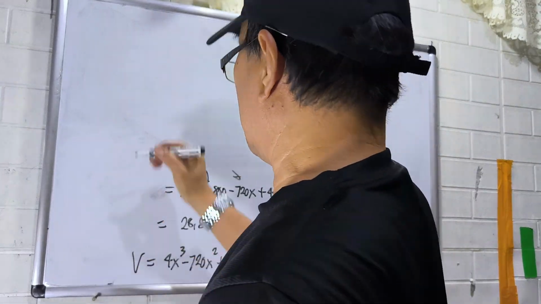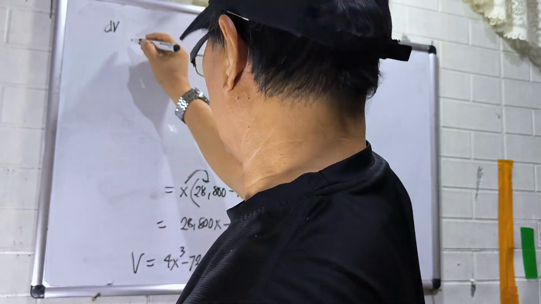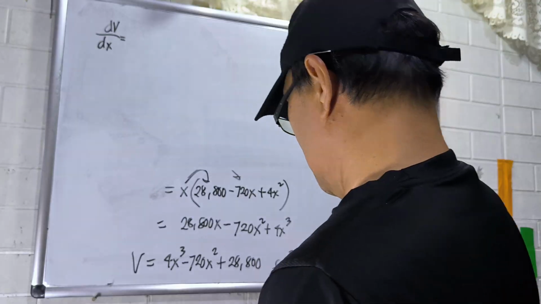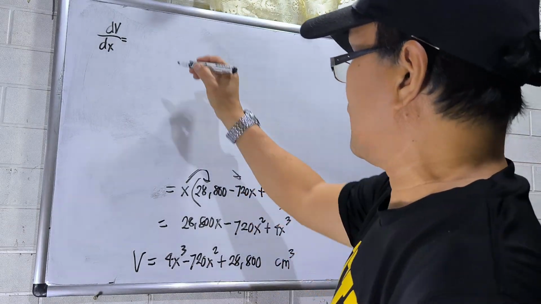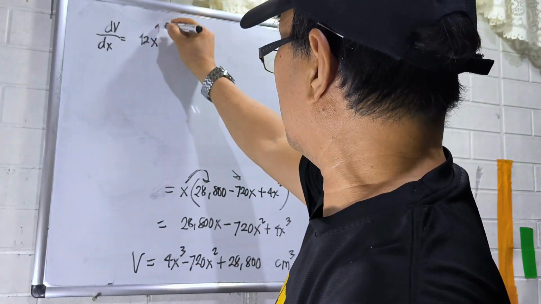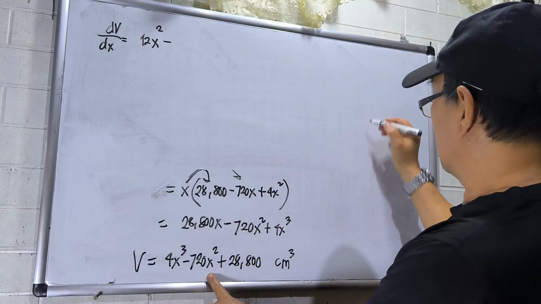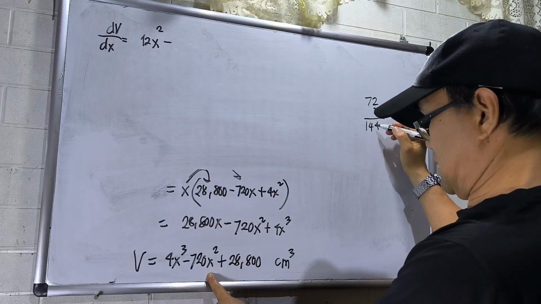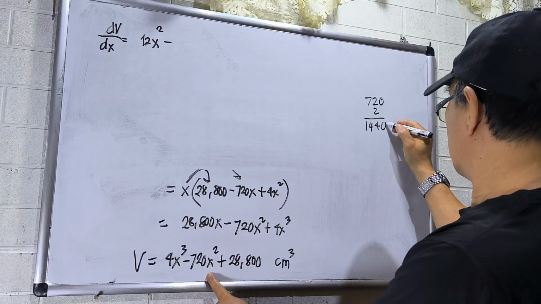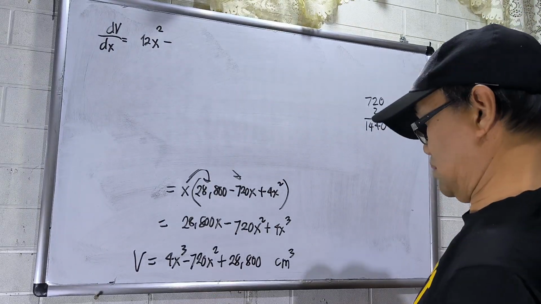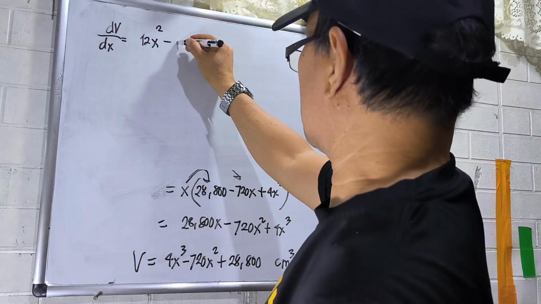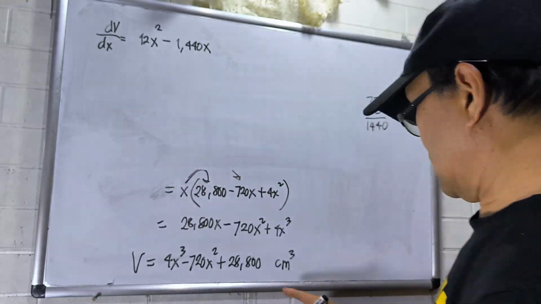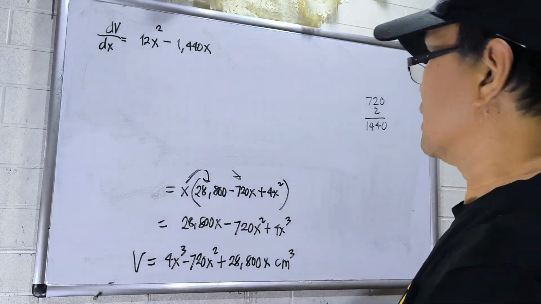So we have now dV over dx, because the variable is x, with respect to x. The derivative of 4x cubed is 12x squared. Then minus 720 times 2 is 1,440x.